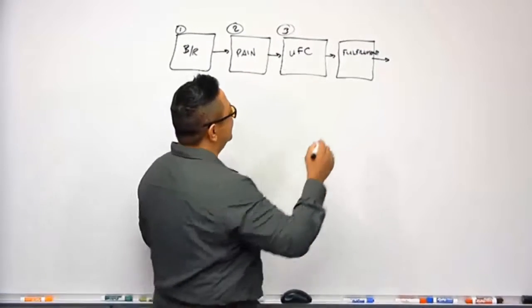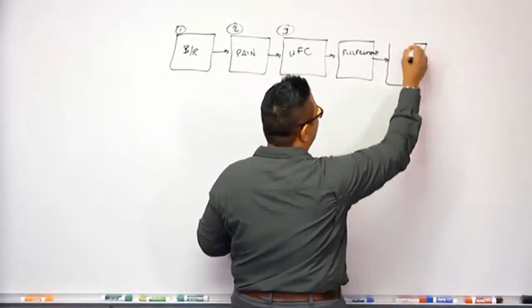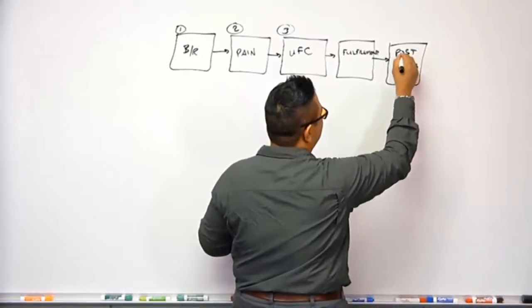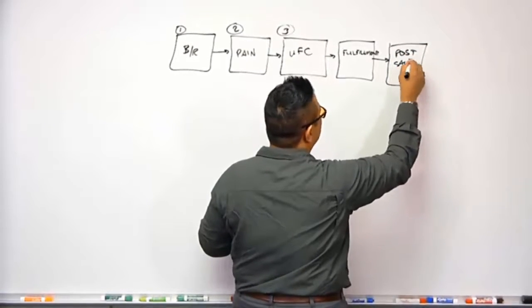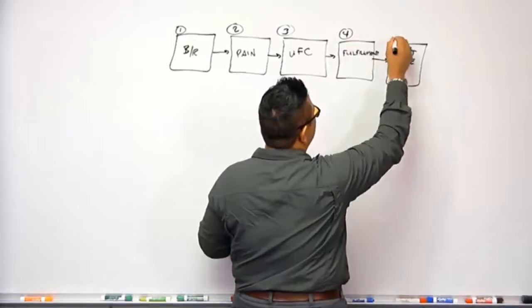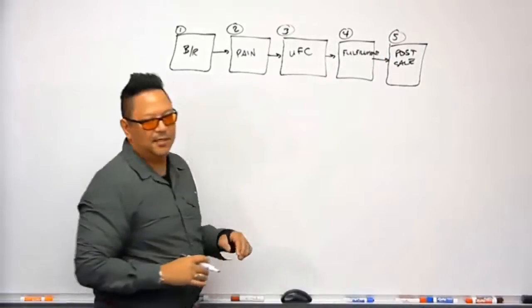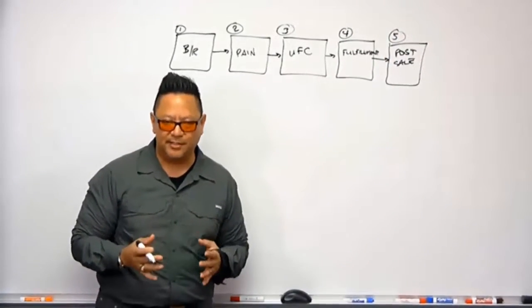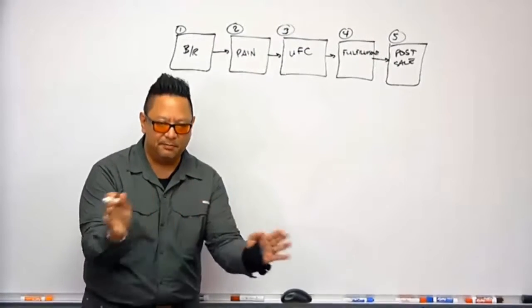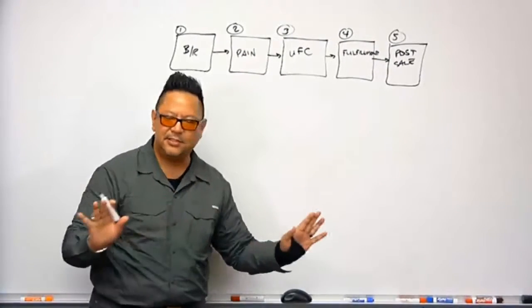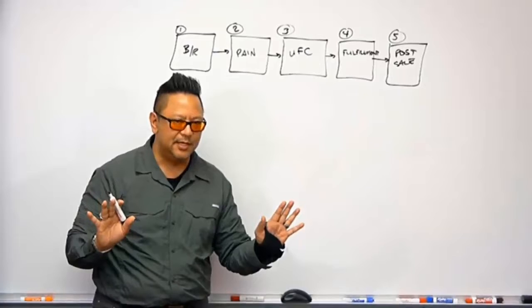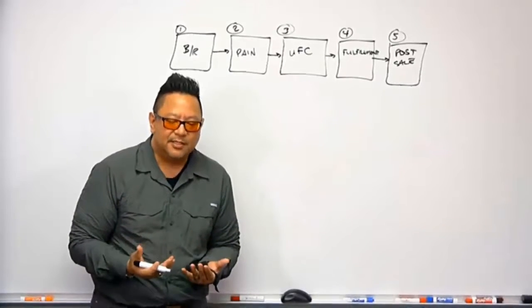Fulfillment, and then this is the post-sale. Okay. I'm introducing this to you because then you'll understand the context of how I teach what I teach and why I teach what I teach, but don't dig deep into it.